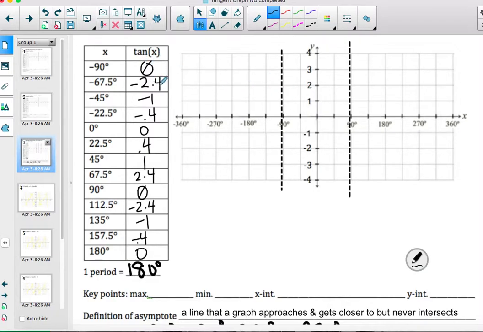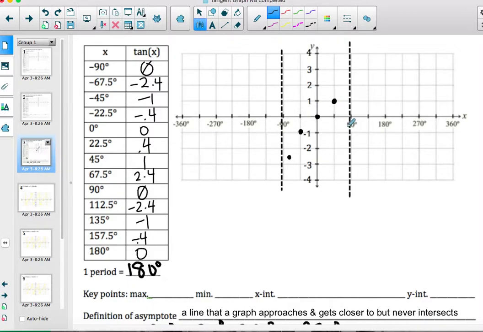At negative 67.5 degrees, we are down here at about negative 2.4. We're crossing at negative 45 at negative 1, and 0, 0, 1, 1.